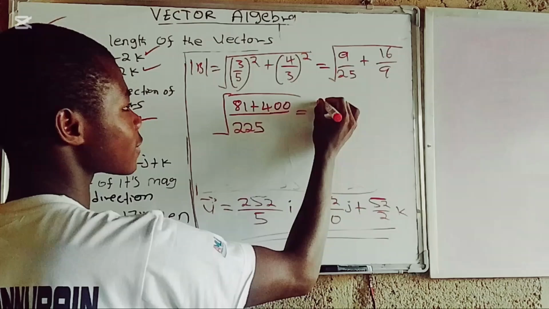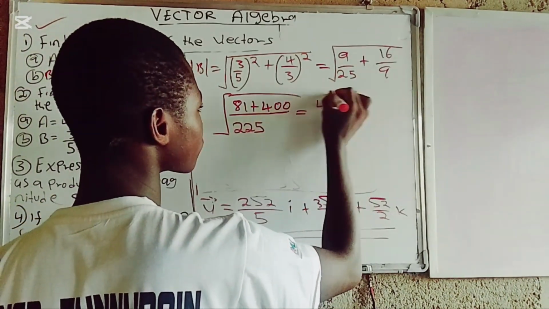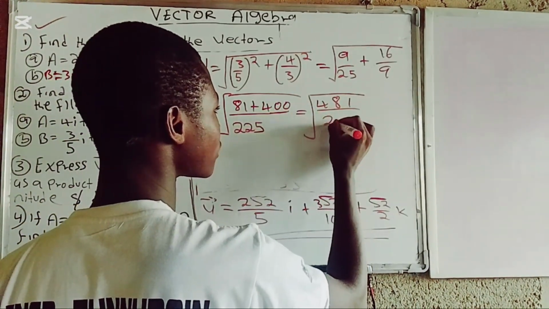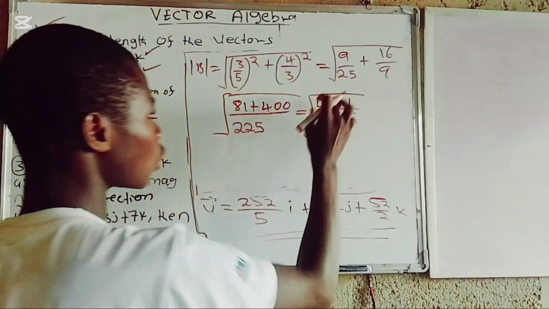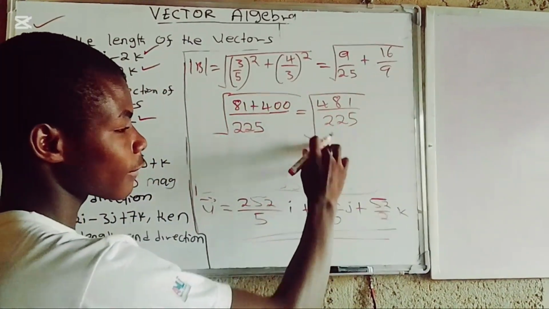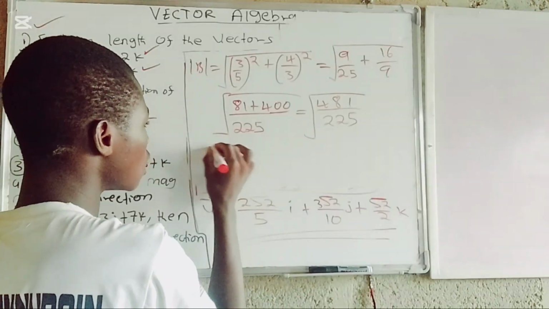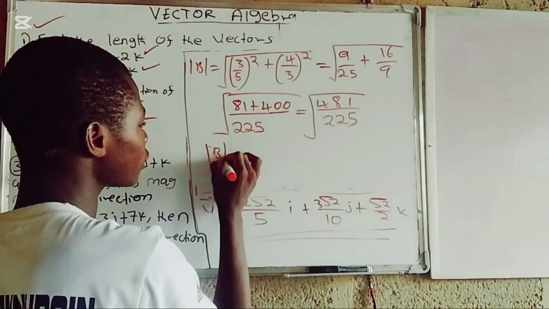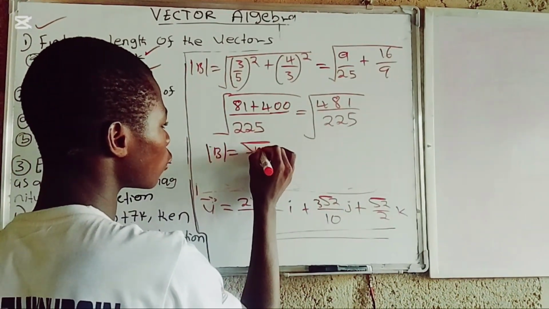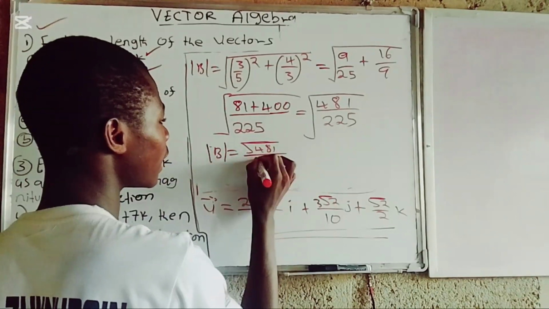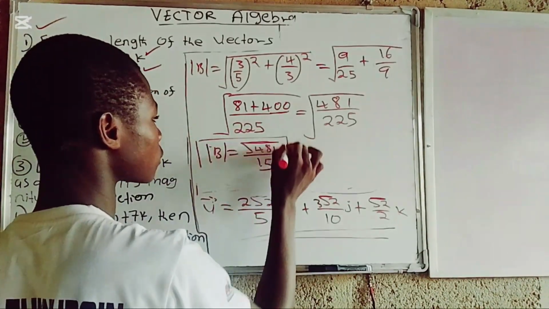So this is the same thing as root of 481 divided by 225. I can take the square root of 225 to get 15, but I can't take the square root of 481. So the magnitude should now be equal to root of 481 by 15.